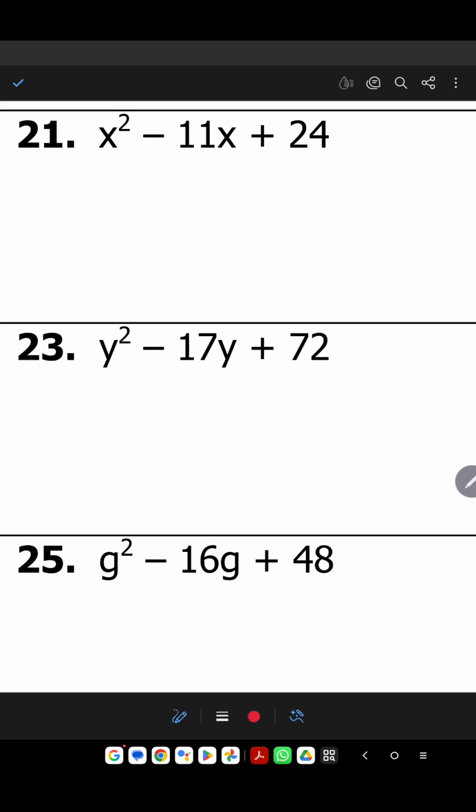In this instance, if you notice, our C term is positive and our B term is negative. So what do we do with this? Let's find out. Our B here is equal to negative 11. Our C term is equal to 24.